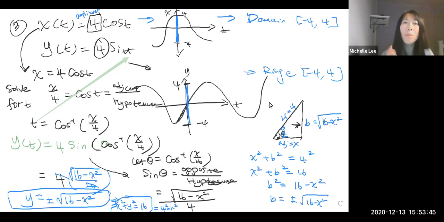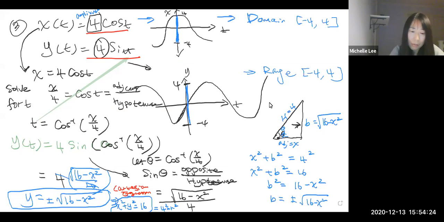All right, so I'm going to give you a tip. If for your homework, first of all, you have to understand everything. Okay, and then I'm going to give you a quick tip. If the parametric equations have the same number as the coefficient for cosine t and sine t, then the Cartesian equation will be a circle, x squared plus y squared equal to 16, okay?